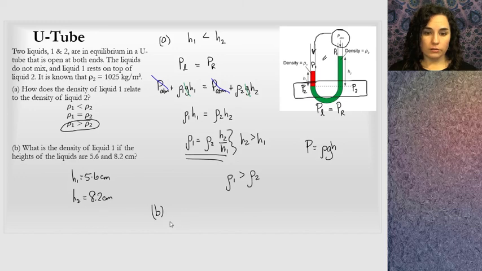Rho 1 equals rho 2, which I know is 1025, and then I'm going to multiply by a factor of 8.2 over 5.6. When I run this through my calculator, I get 1,501 kilograms per meter cubed, and I expected something larger than 1025. And so that makes sense to me.